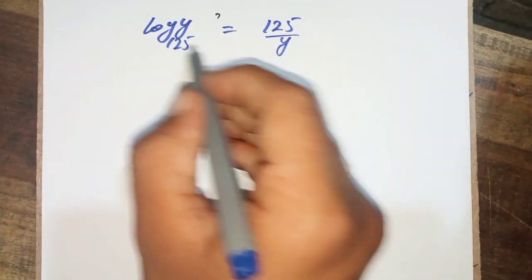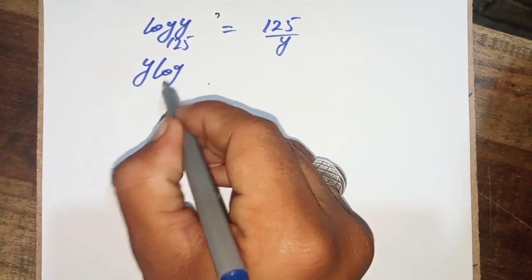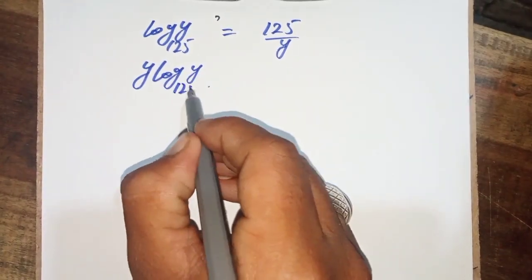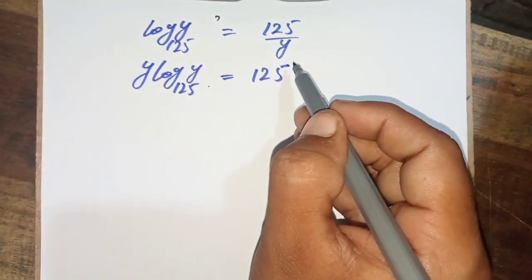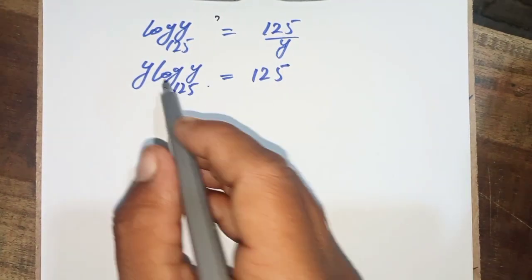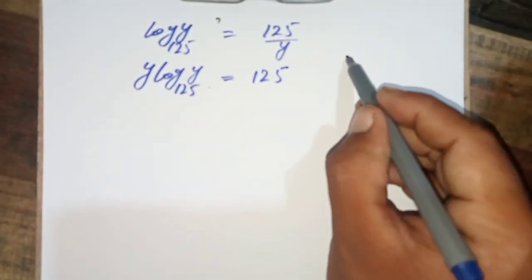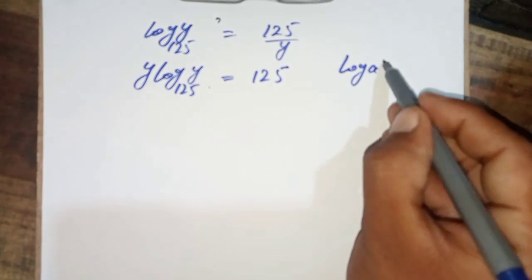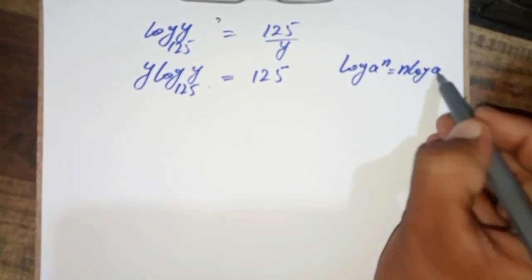This y will be multiplied, so it becomes y log base 125 of y is equal to 125. Now we apply a logarithmic rule: log a^n is equal to n log a.